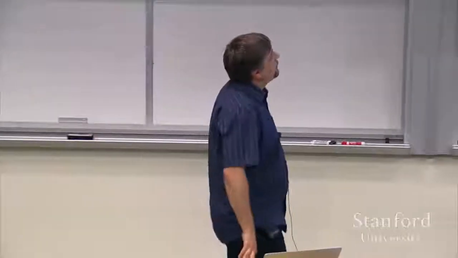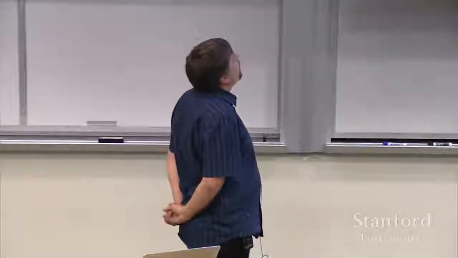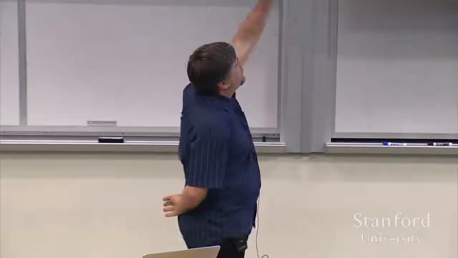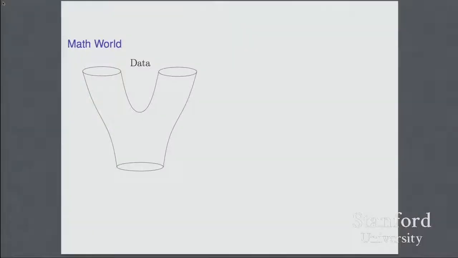Okay, so here's our data, and I've drawn it here. It's an inverted pair of pants. And now I'm going to flesh out this picture and show you how we make topological summaries from the data. But you should remember that you never actually get to see your data.